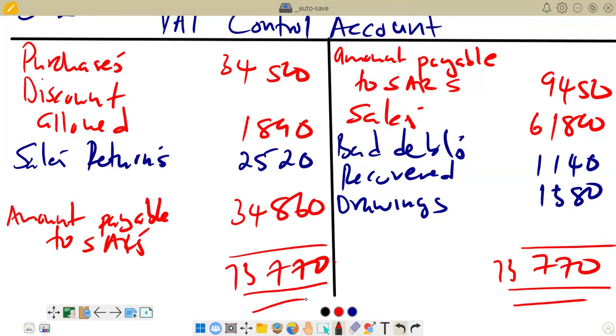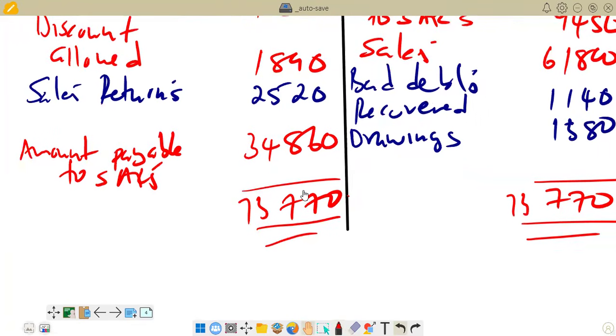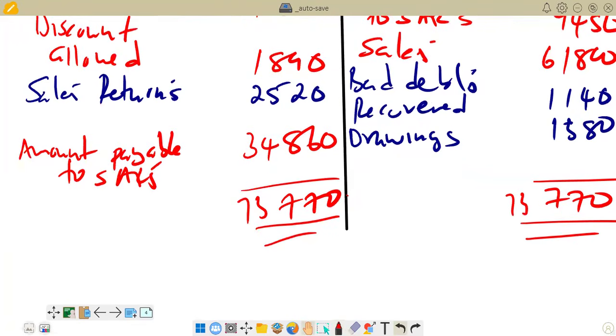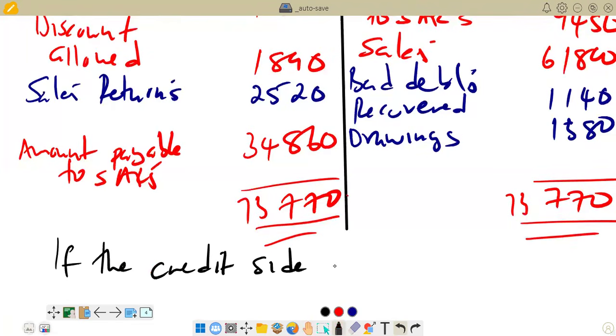In simple terms, when the credit side is greater than the debit, it means this VAT control has a credit balance. Because we had a greater total on the credit side of 73,770, the side with the greater total is the balance of that account.